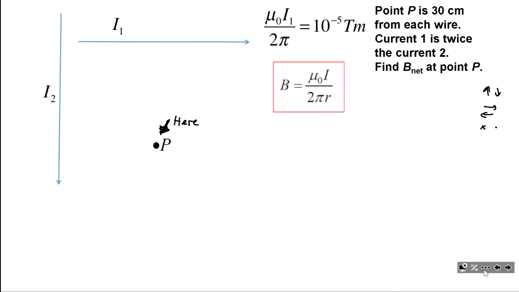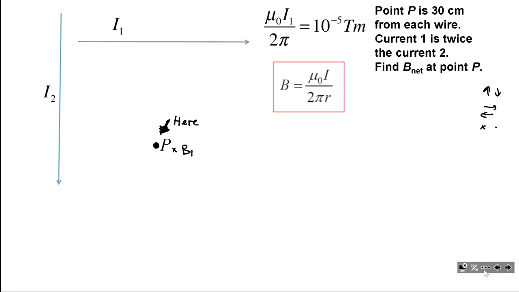Correct? Into the screen. It is kind of hard to do with the hand, but we have to practice doing that. The thumb points to the right. We have to imagine there is a wire in our palm, and magnetic field lines at the point P go straight away from us.